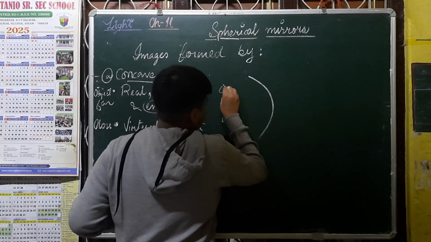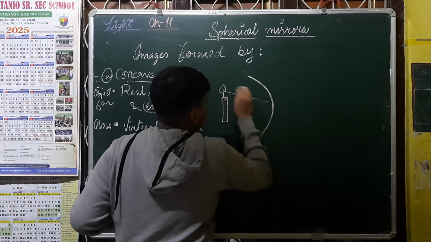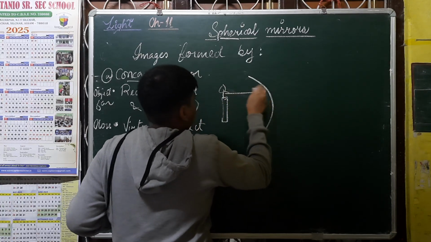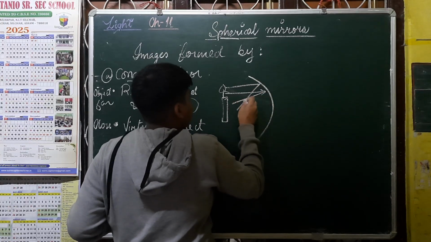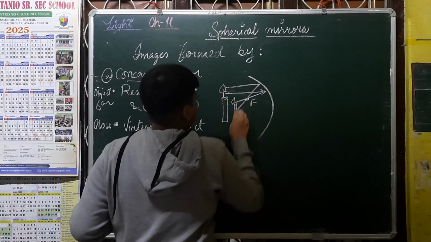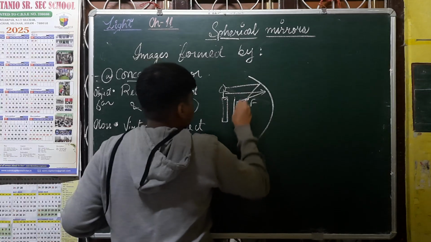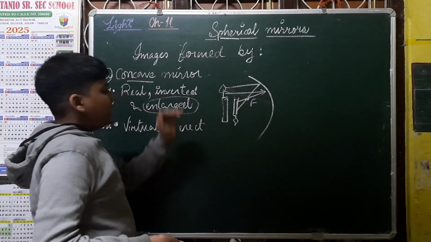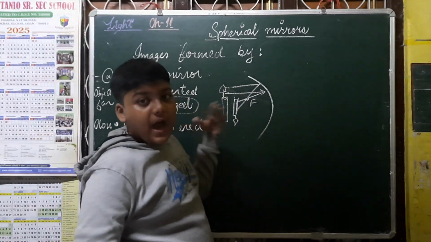So the light rays coming will meet at a point, focus, and the image of the candle will be formed and taken on the screen, but the image formed will be real and upside down. Its up will seem to be down and the down part will be up.